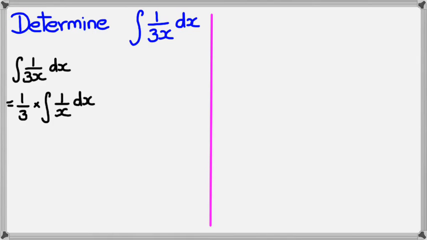See, with constants, you can actually take the constants out of the integral, almost similar to the way you would do when you were factorizing. Alright, so now from this step onwards, I know that the integral of 1 over x is ln of x. So this would be 1/3 times ln of x plus c. Now there's only one thing you kind of need to remember when you integrate into ln of x.